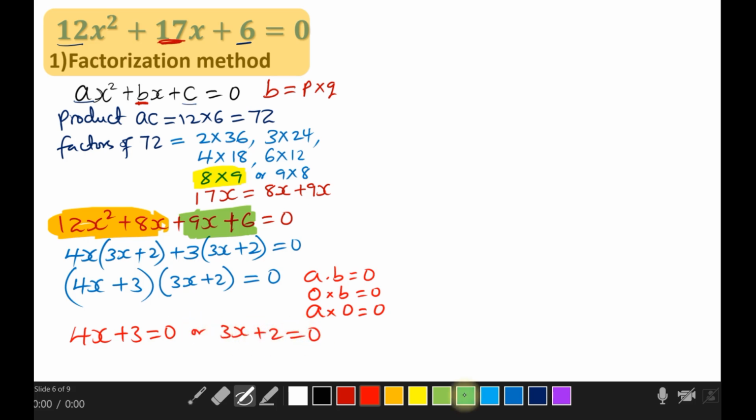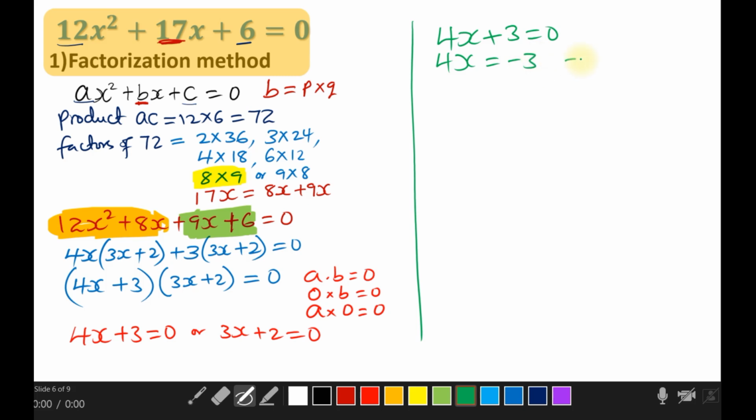And here we shall get, so we have 4x plus 3 is equal to 0. That will be 4x is equal to minus 3. And this means that x is equal to minus 3 over 4, or minus 3/4.